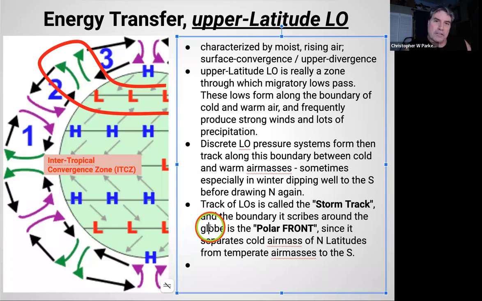The polar front is the persistent trough that divides the warm air and the cool air. And the storm track is generally along that polar front. And again, that's going to press south in the wake of a low. After a low passes, the cold front pushes south. And then ahead of the next low, it lifts north as a warm front.